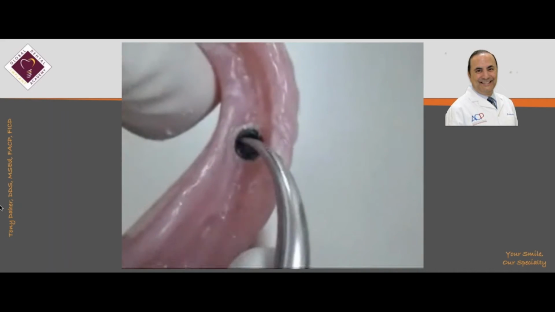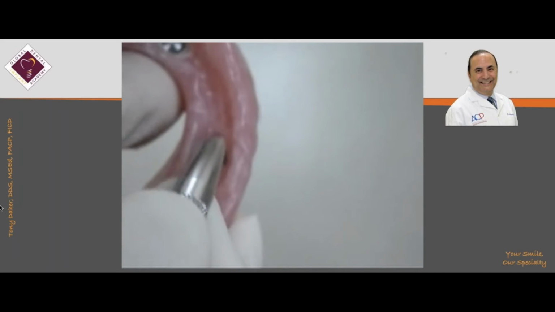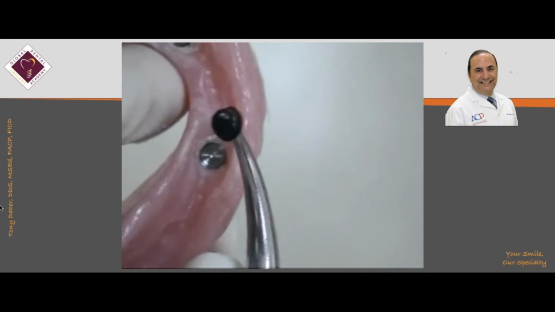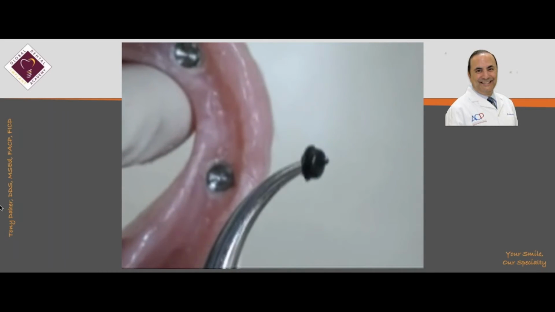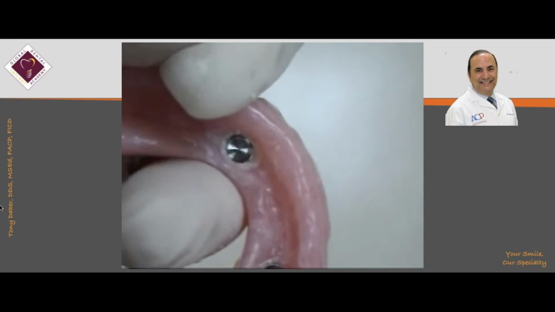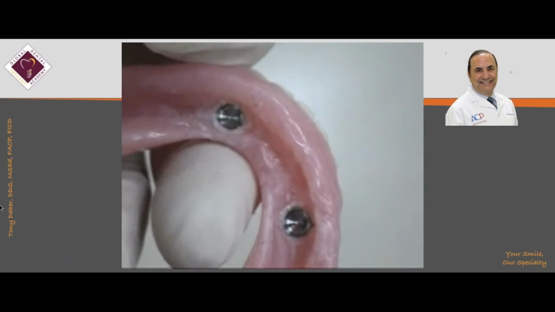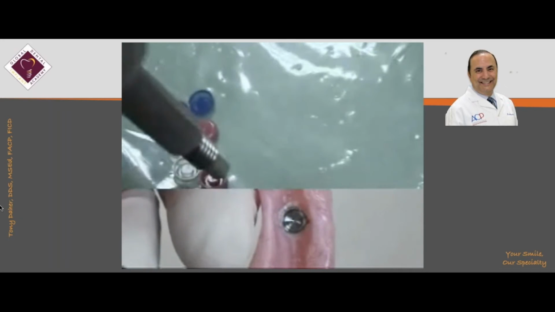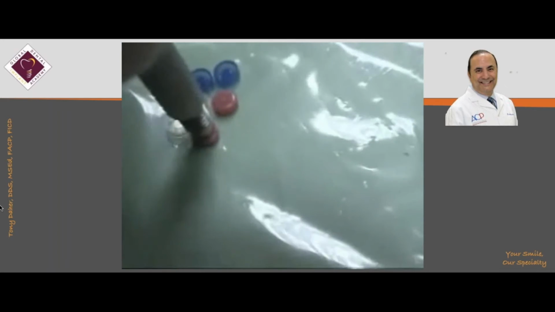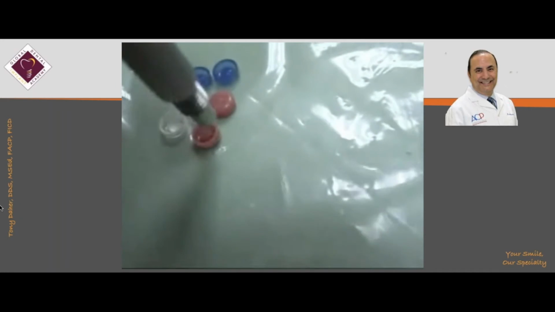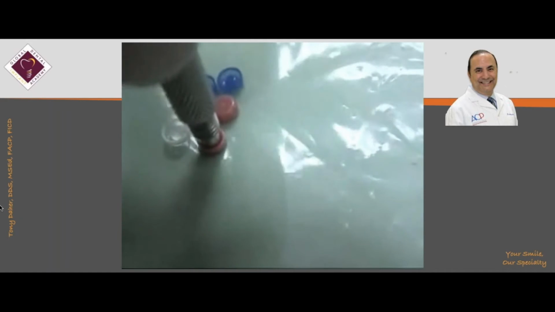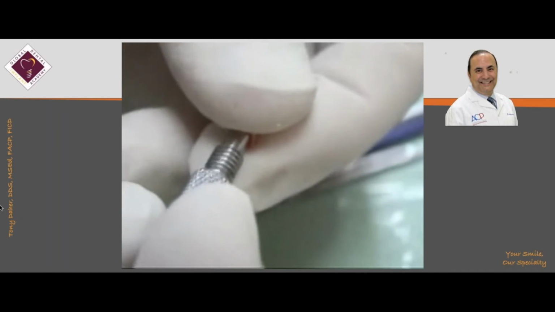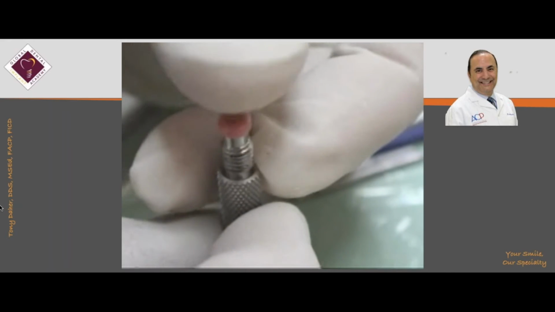Now we're gonna remove that lab clip, and we're gonna replace it with a retentive clip. Usually the blue is the least retentive, the pink is the medium retention, and the clear is the highest retention.